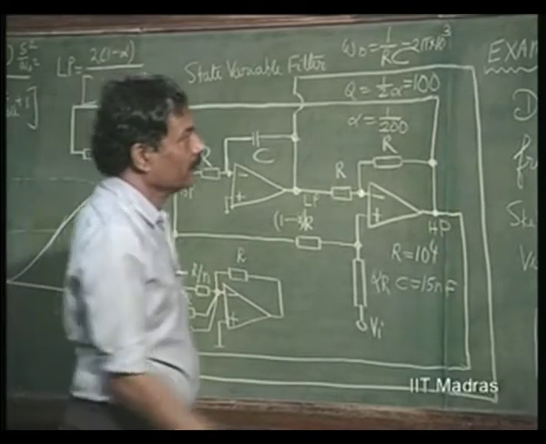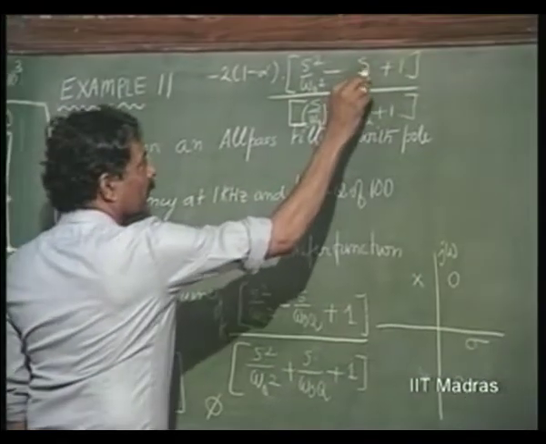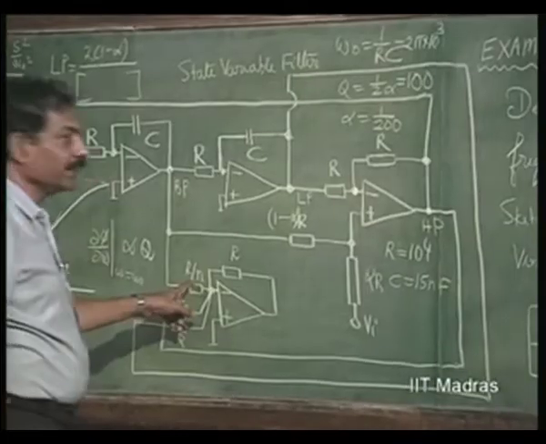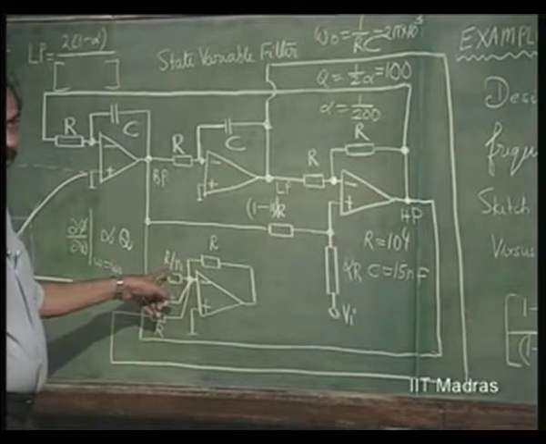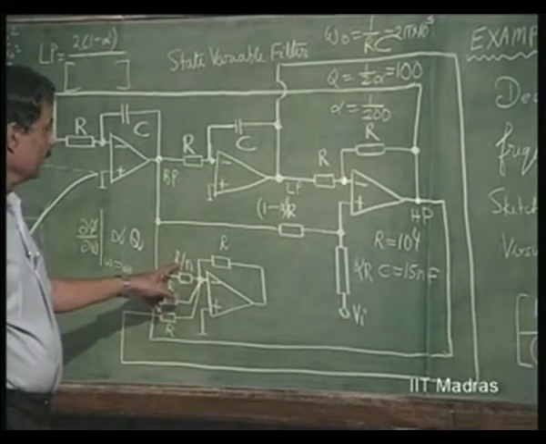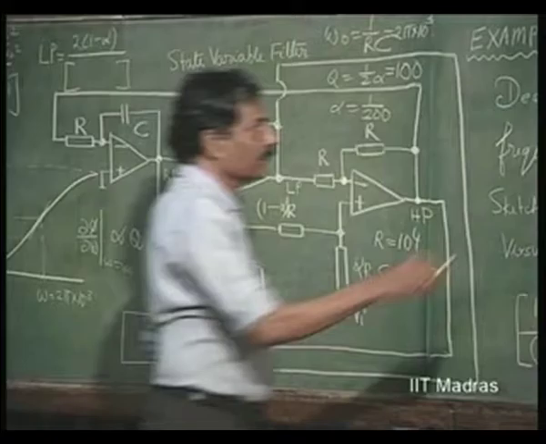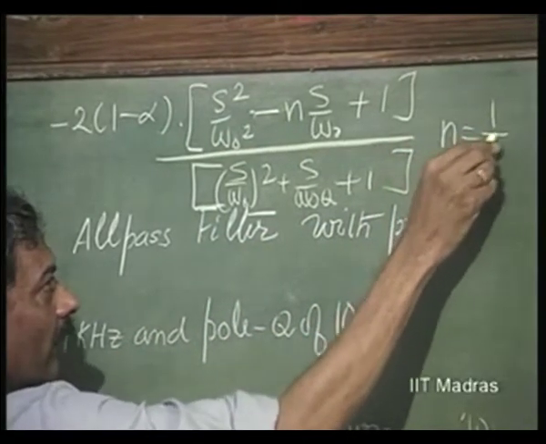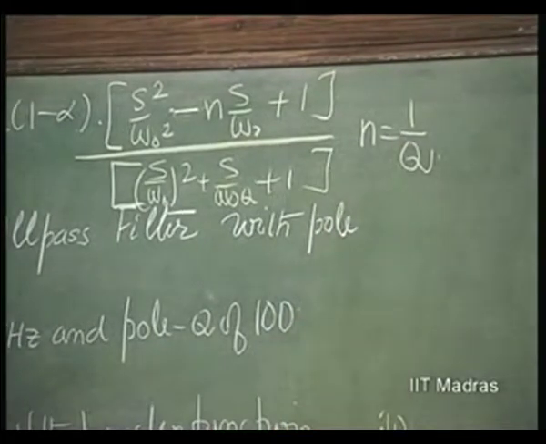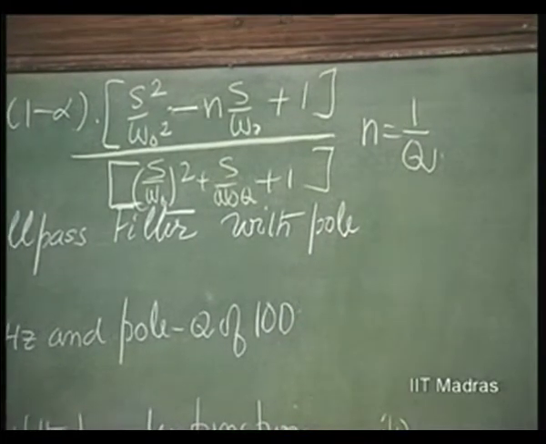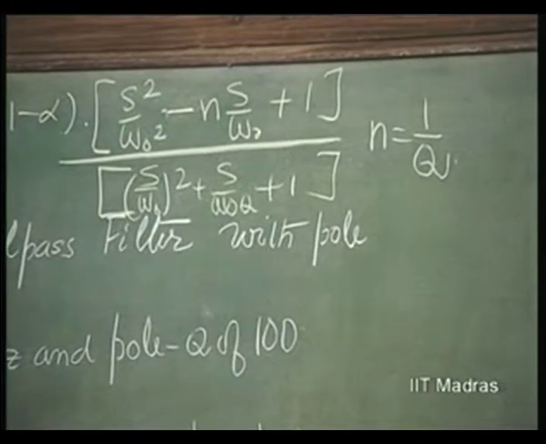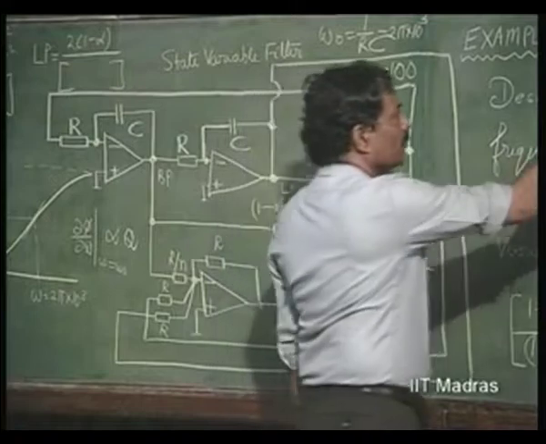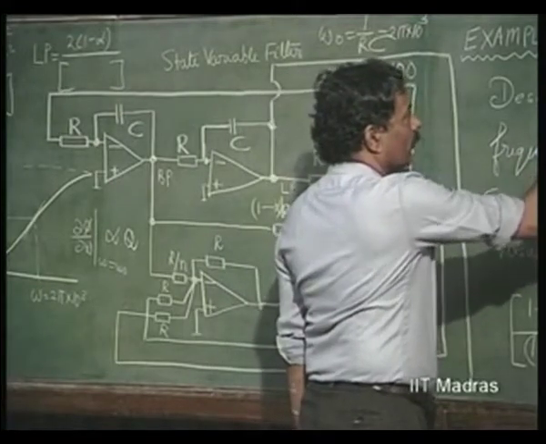So, s by omega naught comes there, 2 into (1 minus alpha) has been taken out, and here the coefficient is R divided by R by n, that is n. So, n can be made equal to 1 over Q. This is the output, let us say V naught 4. So, this is equal to V naught 4 by V I.